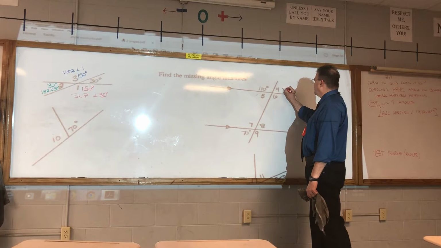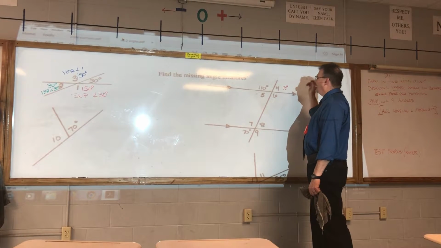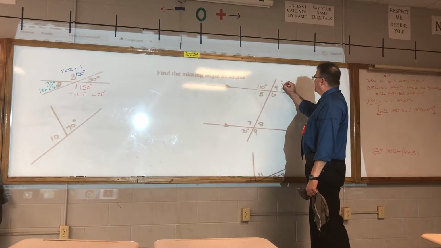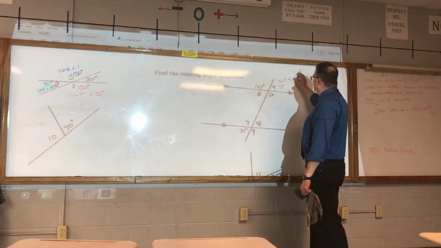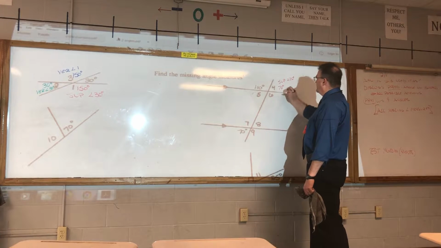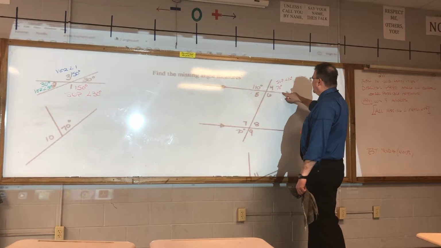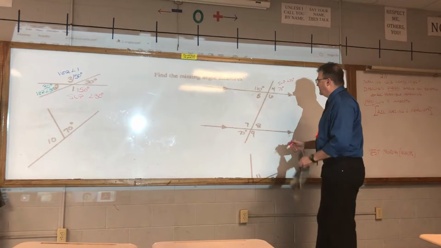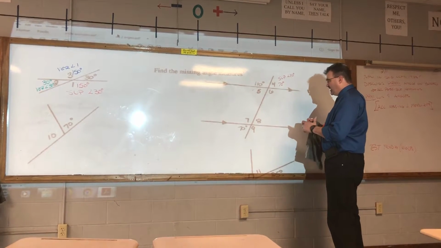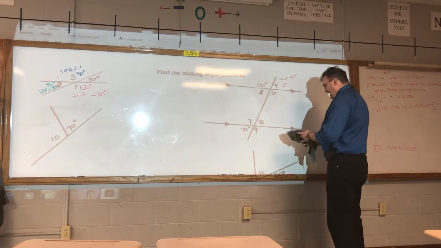Well, 180 minus 110 is 70 degrees. And why was I doing that? Because it is supplementary to my 110 degree angle. Okay? Forms a straight line, supplementary, got to add to give you 180. So there's my justification.